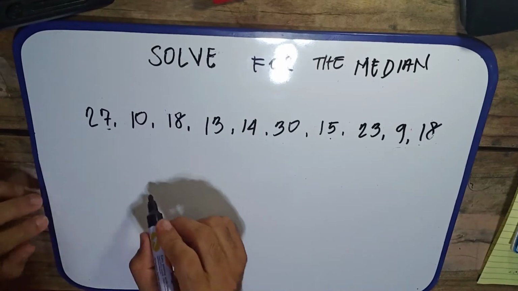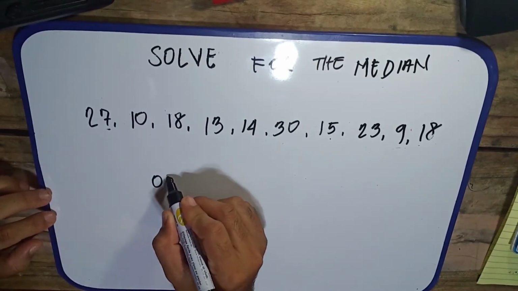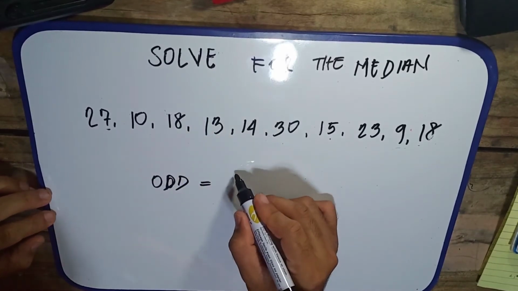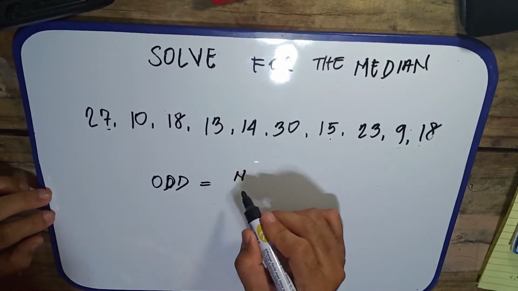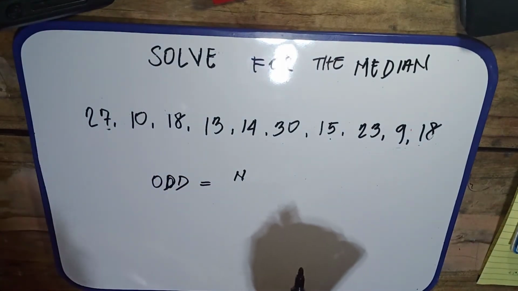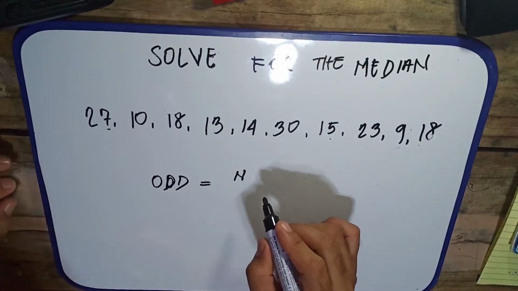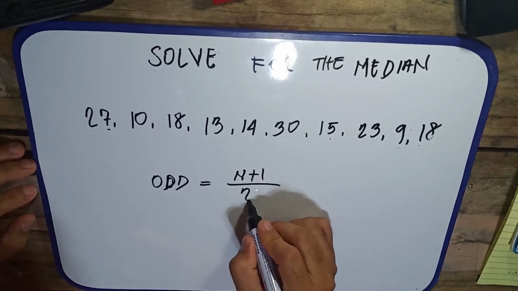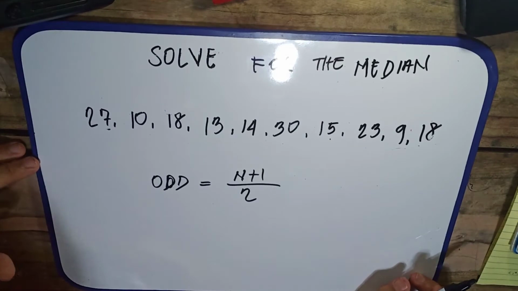When it is odd, the formula that we are going to use is the numbers in the data set plus 1 divided by 2.